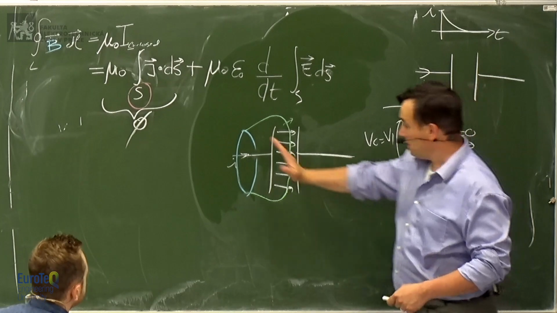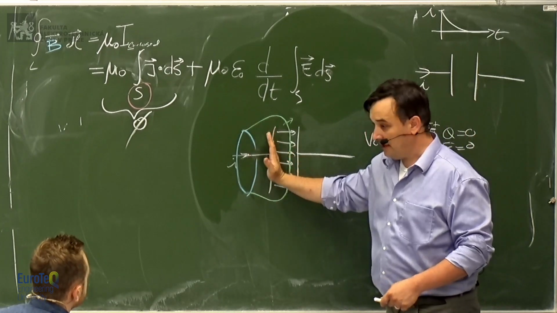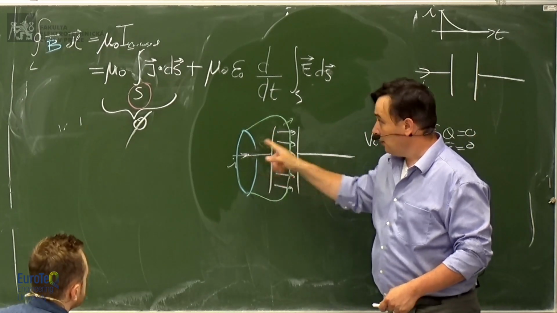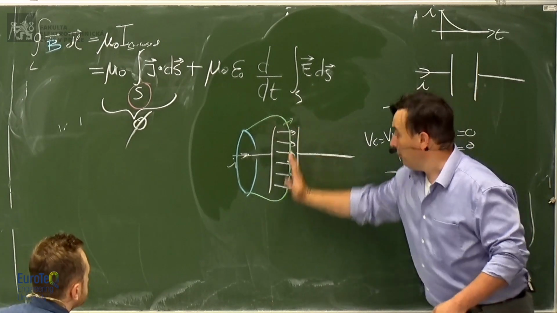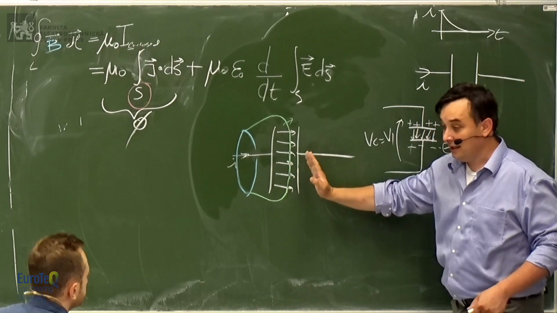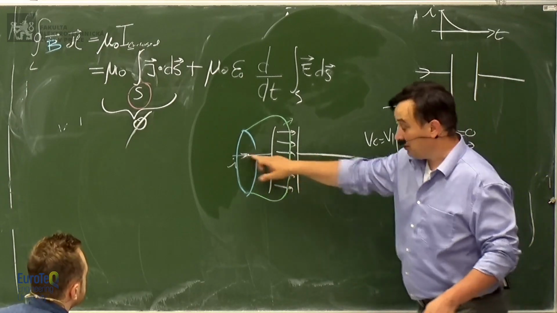So if you take the surface before the face of the capacitor, you have 0 electric flux because you don't go inside the capacitor where you have the electric field. But you have the current.